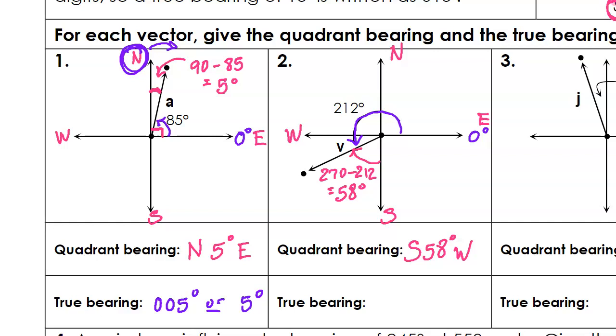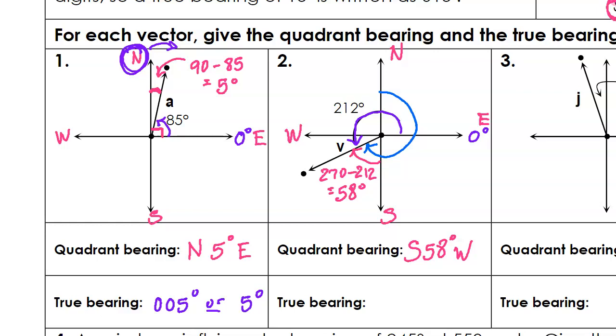Okay, the bearing. This bearing is going from the north line clockwise to the angle. How can I find this angle? Yes, exactly. 180.